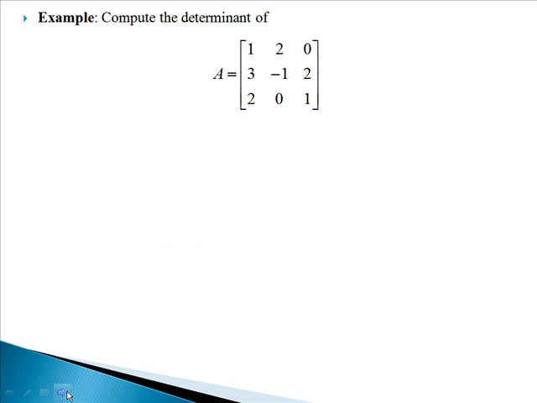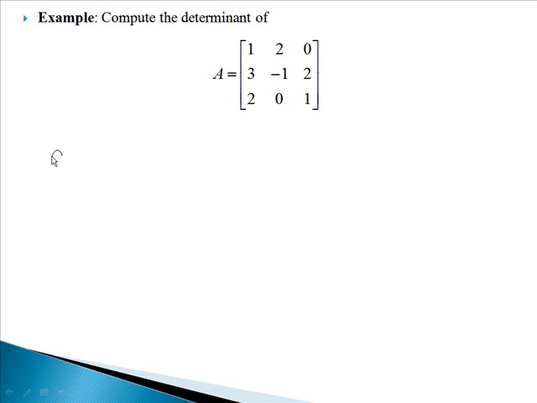So let's look at an example. It'll make that easier to understand. We want to compute the determinant of this, and what we're going to do is we're going to strictly stick with the first row of this matrix.